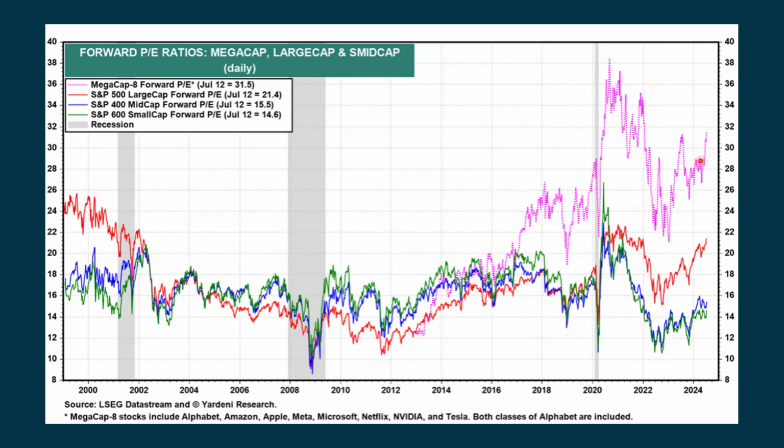This purple line is the mega cap 8, the stocks that have really been driving the market higher these days. Well, they come in with a really high ratio of 31.5. That's just really astronomical. But for right now, investors don't mind that. They don't mind that these stocks are even expensive when you look out into the future. They think it's even going to get better from here.